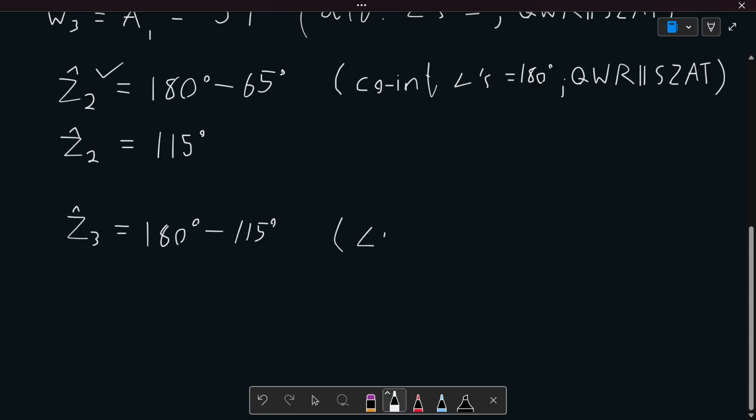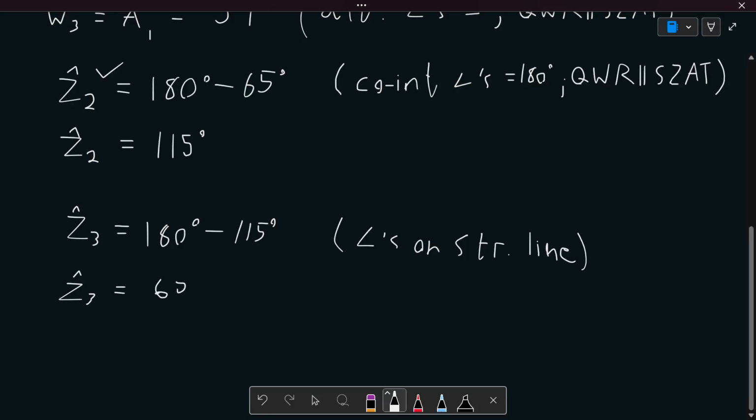The reason is angles on a straight line. Therefore, Z3 is equal to 180 degrees minus 115, which is equal to 65 degrees.